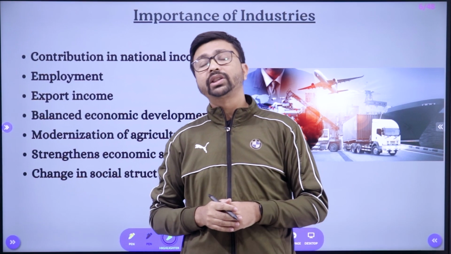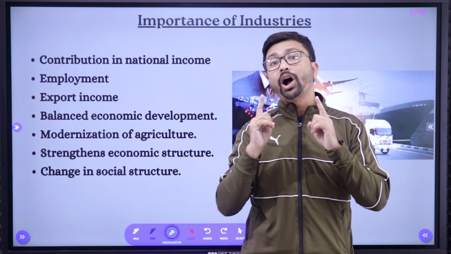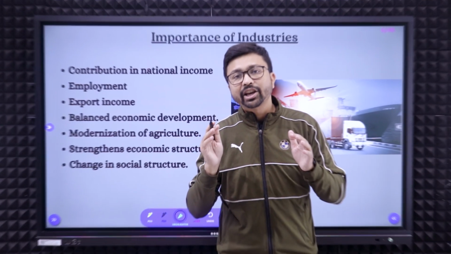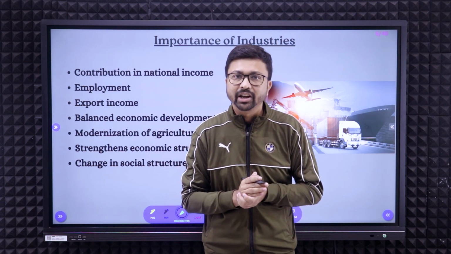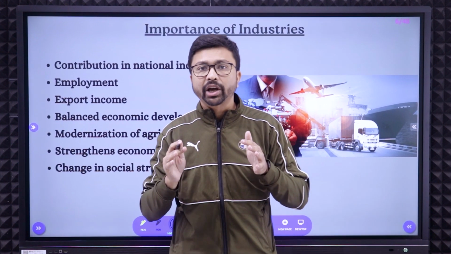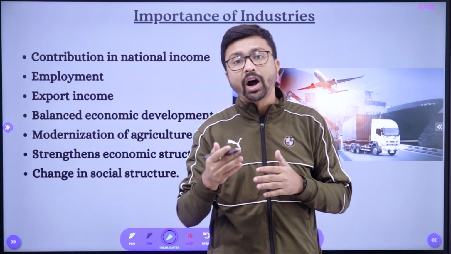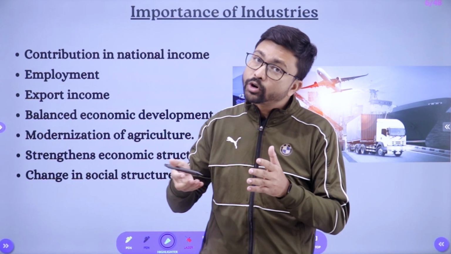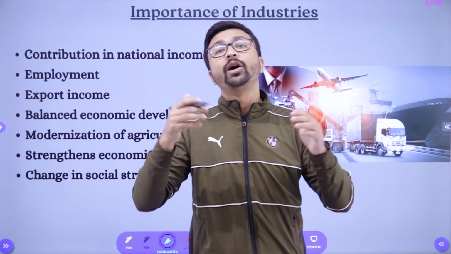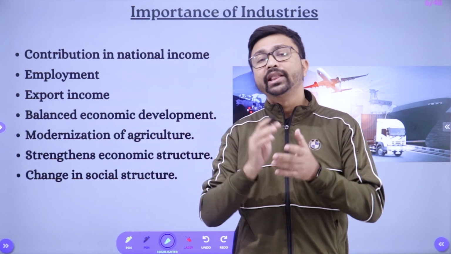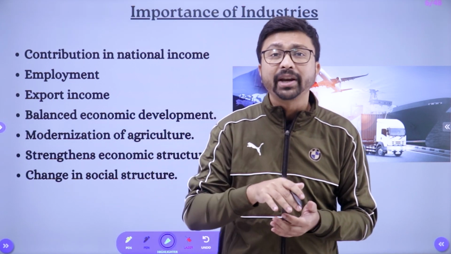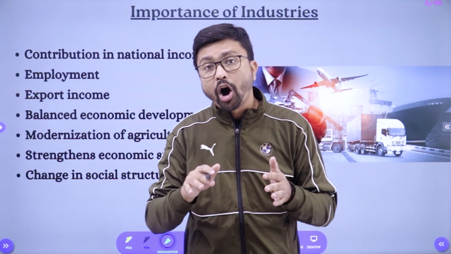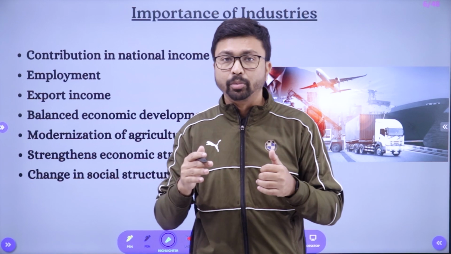And one more thing you must have observed: all the developed countries have economies mainly based on industry activity. Because there will be controlled production. How much product we want to produce, if we put in more input, we will be able to get more output. In that way, things can be controlled, and it will not be dominated by the environment or by nature so much.